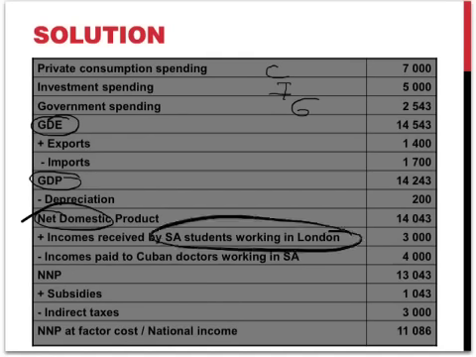Their money gets added on. Then you subtract the factor payments made to foreign factors of production, in this case the Cuban doctors working in South Africa. This gives the net national product. Moving from product to factor cost, you need to add the subsidies and minus the indirect taxes. So this gives you the net national product at factor cost, also known as the national income.